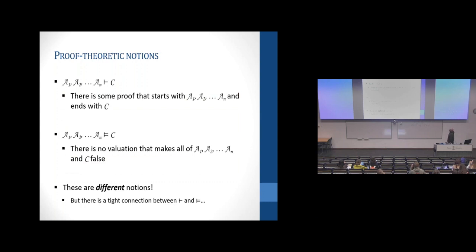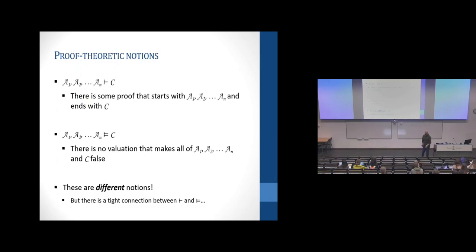So to wrap up this section, come back again to these two fundamental notions. We have the single turnstile and the double turnstile. The single one, again, tells us provability. The double turnstile, if we're thinking about TFL, talks about valuations. And it's worth stressing again, these are fundamentally different notions.